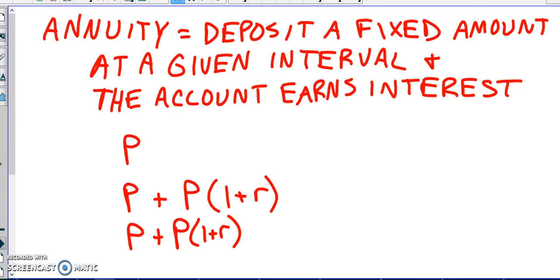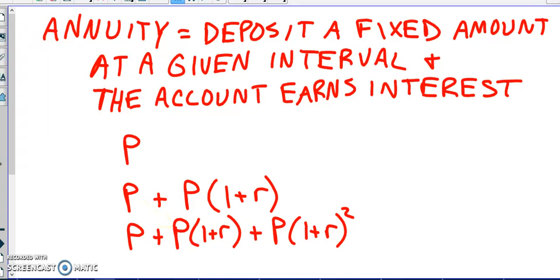And then this second amount, that was the initial amount we put in, gets more interest applied to it. I guess instead of talking about it, I should show you. So this P becomes that P, and this P becomes that P, as more interest is applied to the earlier deposits than the later deposits.